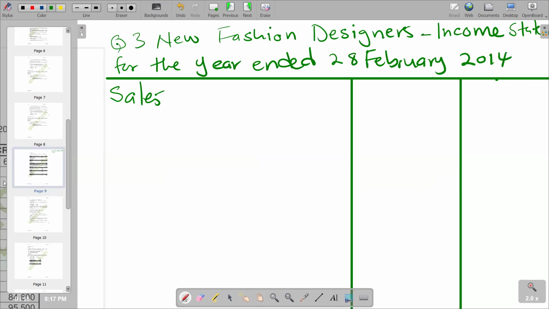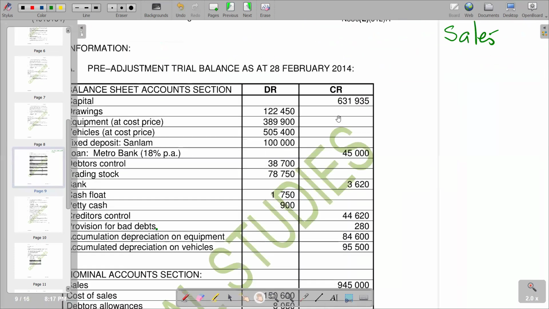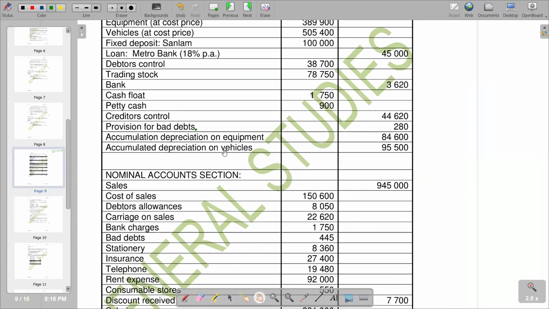So according to the information given, what information do we have in terms of our sales? You'd see that the figure we have representing our sales is 945,000.